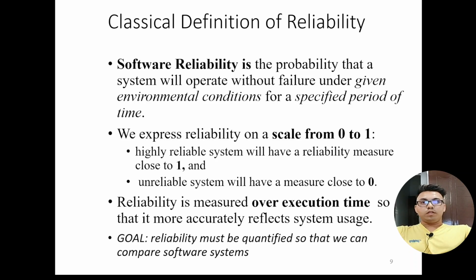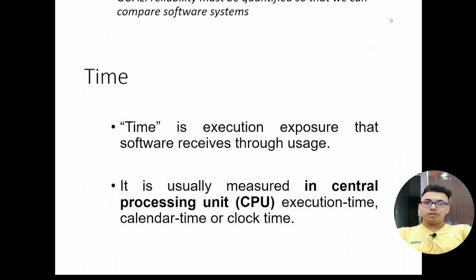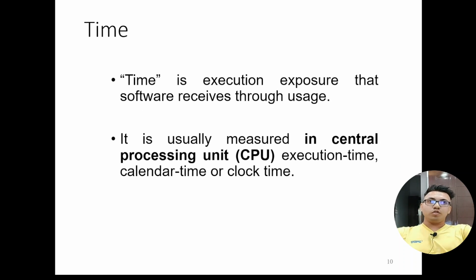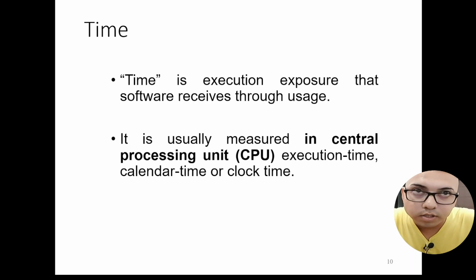Reliability is measured over execution time so that it more accurately reflects system use. The goal is that reliability must be quantified so that we can compare software systems. Time is the execution exposure that software receives through use. It is usually measured in CPU time, execution time, calendar time, or clock time.